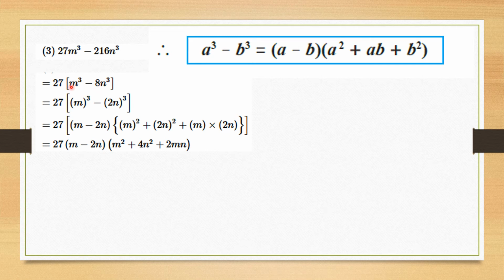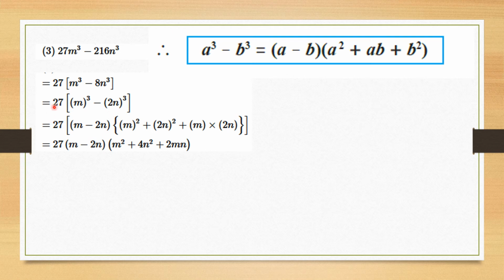Now if you see this m cube, I'll write it m the whole bracket cube minus, as we know 8 is a cube of 2, so this 8n cube, I'll write it as 2n the whole bracket cube. Now if you see inside this bracket, it is of the form a cube minus b cube. So a is m and b is 2n.